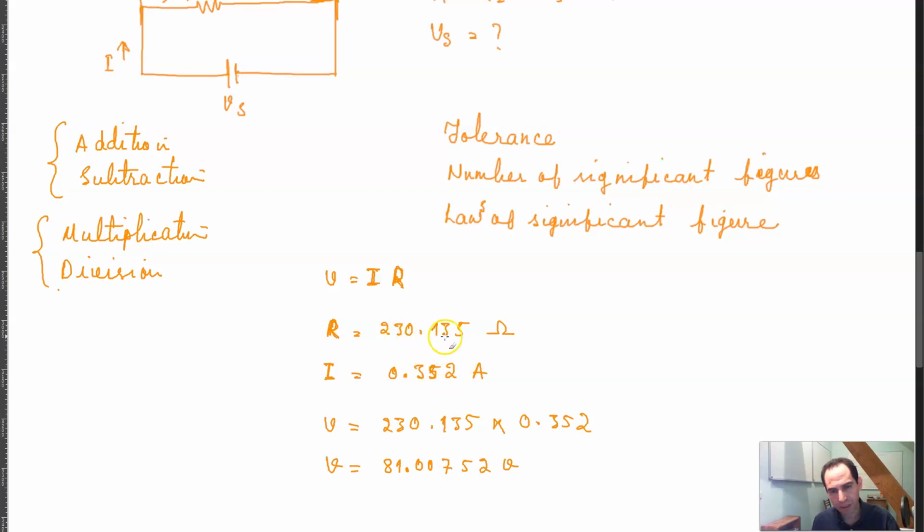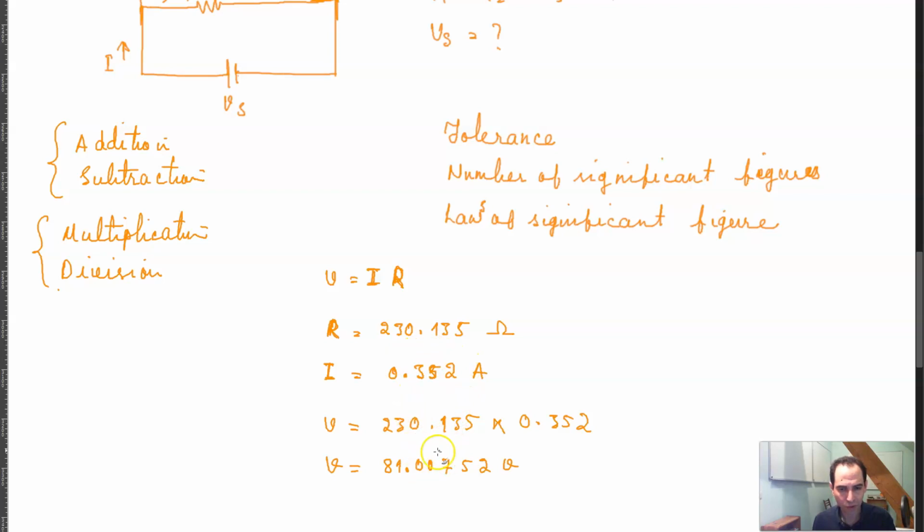This number has 6 significant figures, and the number you get from calculation can have only the number of significant figures of the number with the least number of significant figures. Here I have 6, here I have 3, so the least is 3.